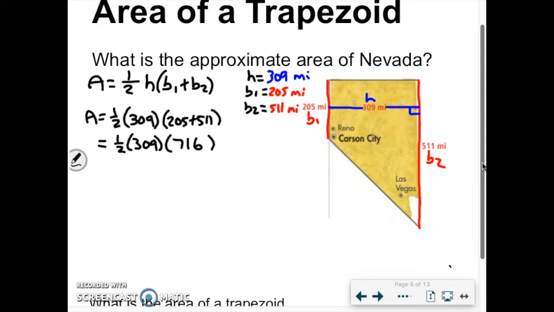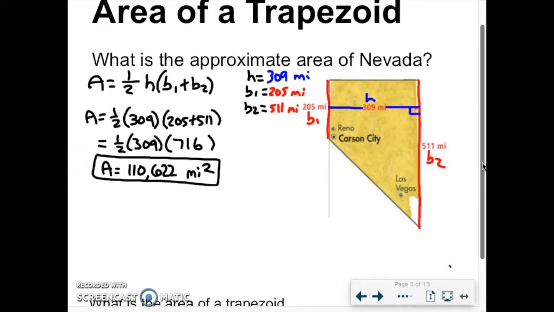So what we're going to punch in this time is 1/2 times 309 times 716. We end up with 110,622. We are finding area, so we're in square units, so square miles this time. So that would be the approximate area of Nevada.